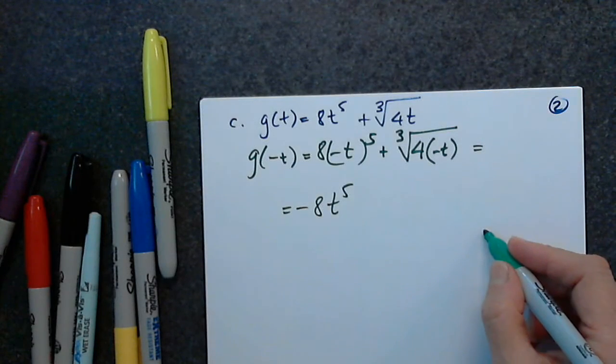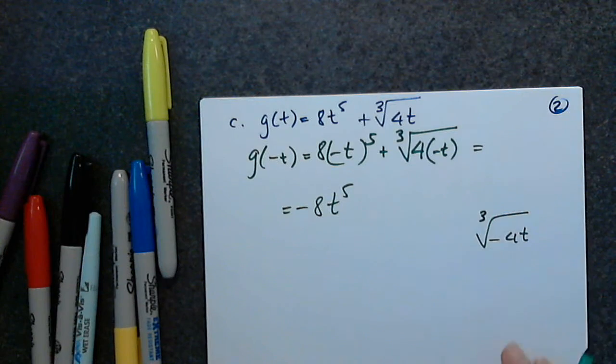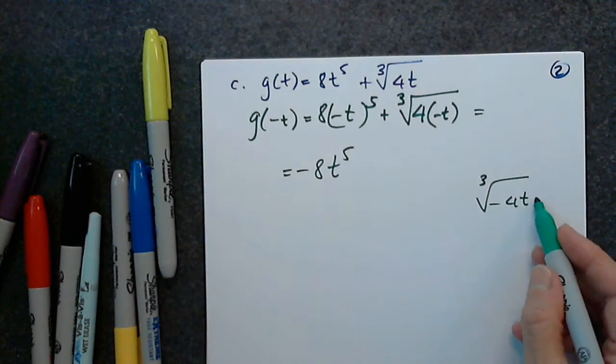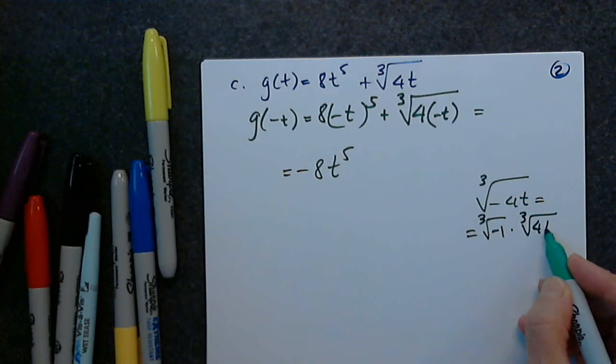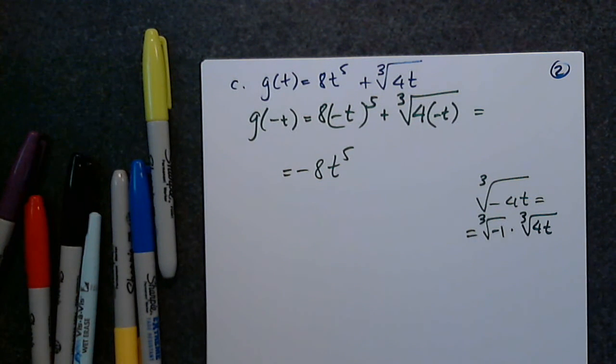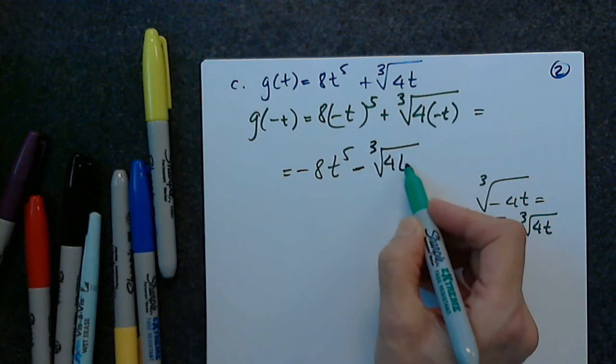But remember the cube root, so we have negative 4t under the cube root. The cube root can be rewritten as the cube root of negative 1 times the cube root of 4t. I can't take the cube root of 4t, but I can take the cube root of negative 1, which is? Which number raised to the 3rd power gives negative 1? Negative 1. So this will be then negative the cube root of 4t.